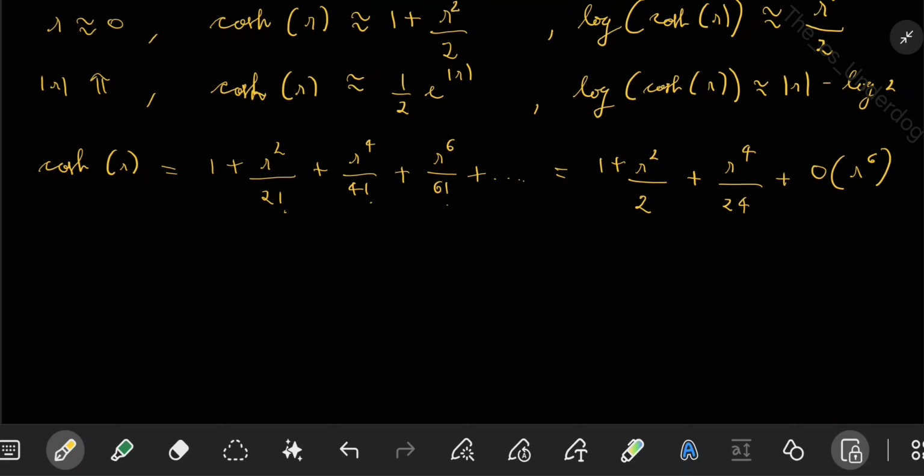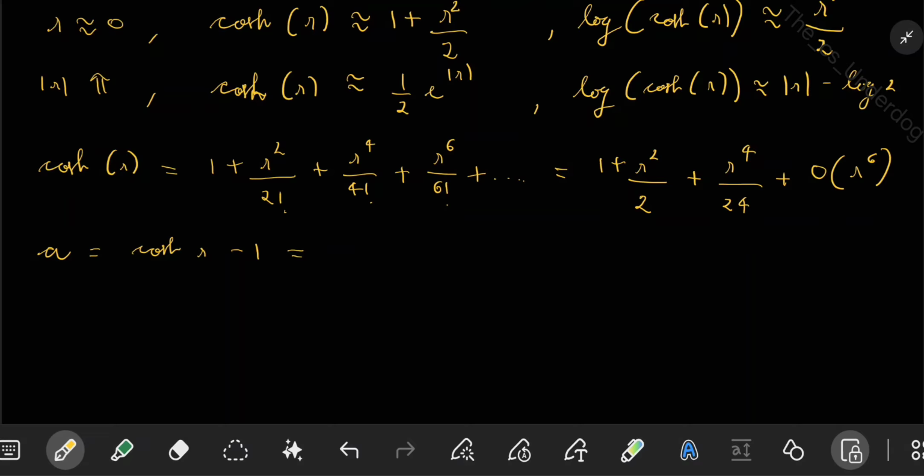Okay. So the next step is, I have cosh now. I know how to express cosh. I'm now saying there is something called a. This a is cosh of r minus 1. This is the value of a. So if this is my cosh of r, what is cosh of r minus 1?